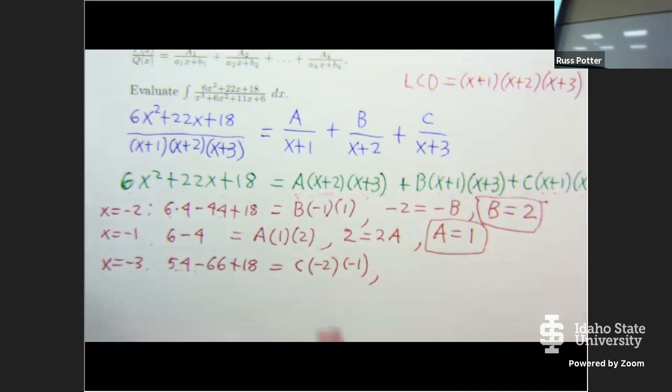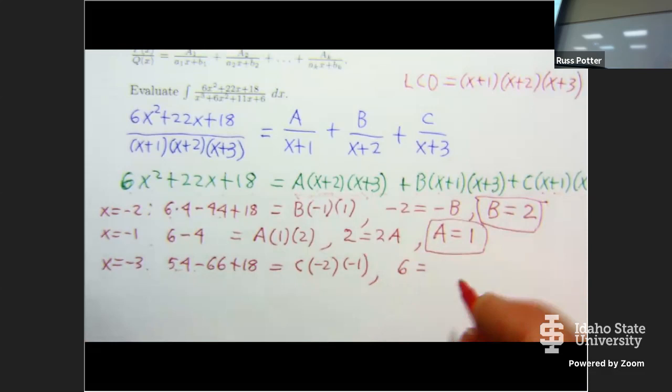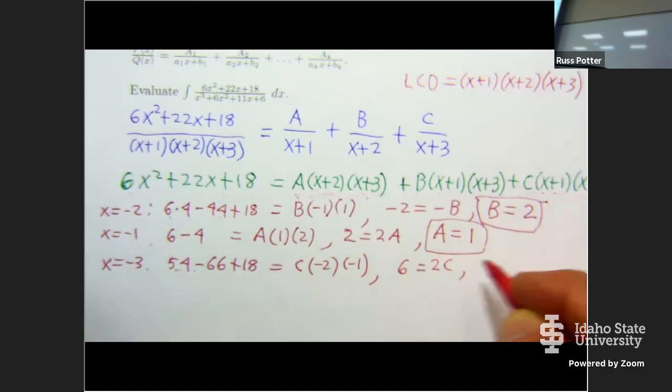And now we just do a little bit of arithmetic. 54 minus 66 plus 18 is, that's +6. And we get c times -2 times -1 is 2c. So we get c equals 3.